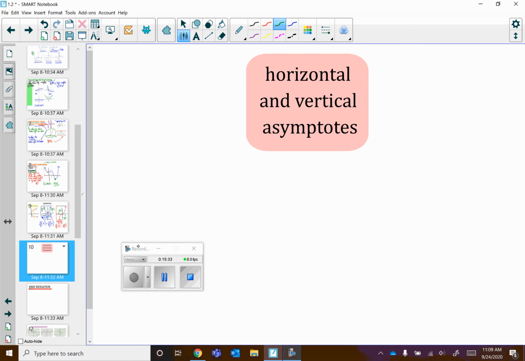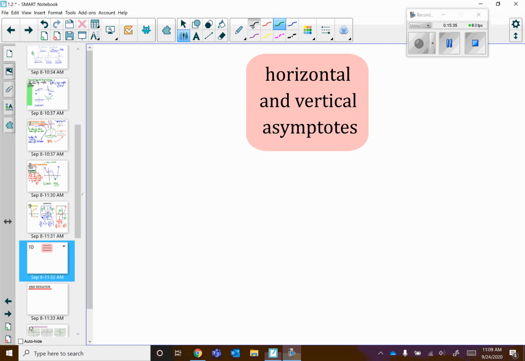Horizontal and vertical asymptotes. This is something we're going to do a lot with later, but for right now, we're just going to talk about asymptotes as basically a line, even though it's not officially a line, that our function is approaching.